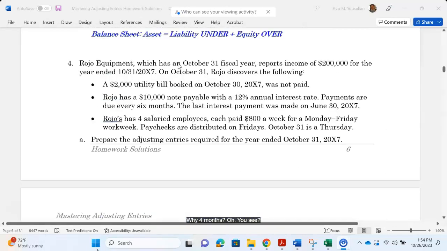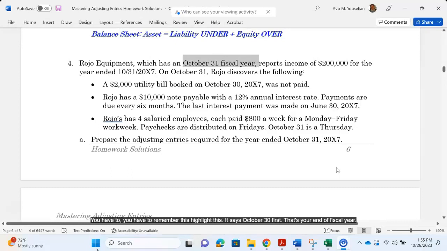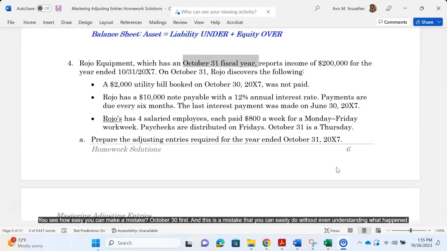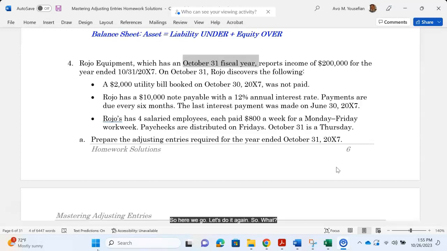You see? You have to remember this, highlight this. It says October 31st. That's your end of fiscal year. You see how easy you can make a mistake? October 31st. And this is a mistake that you can easily make without even understanding what happened. So here we go. Let's do it again. You forgot too, huh? Okay, let's go back again.